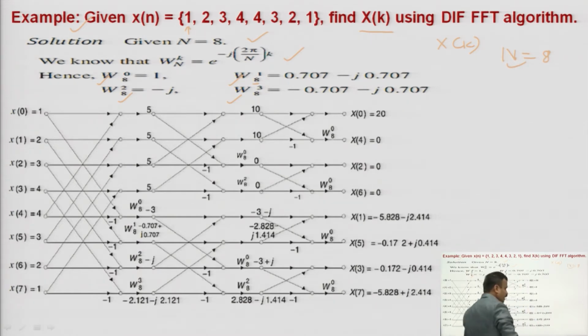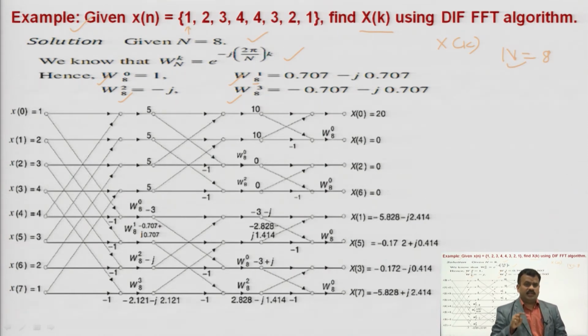So, in any question in DIT FFT or DIF FFT, if capital N is equal to 8, you always find these 4 twiddle factors, and their values will always be the same. Remember it.